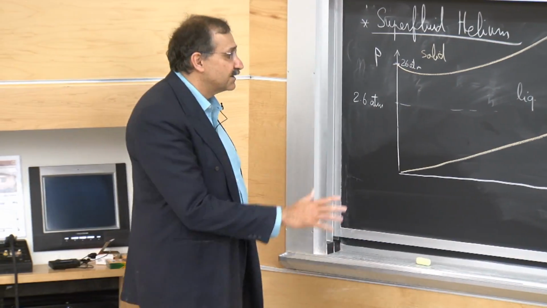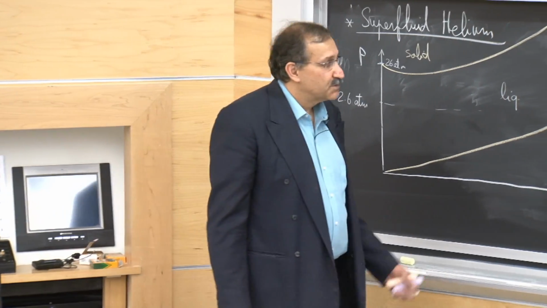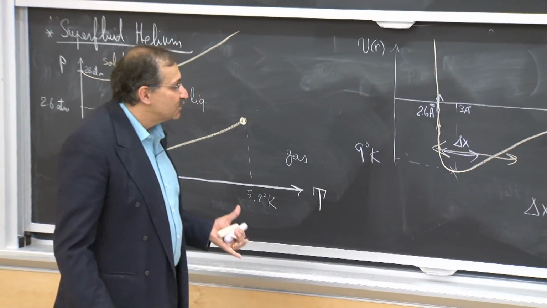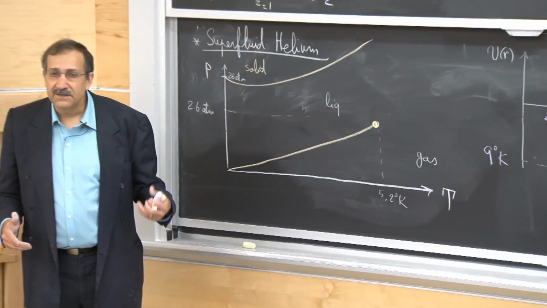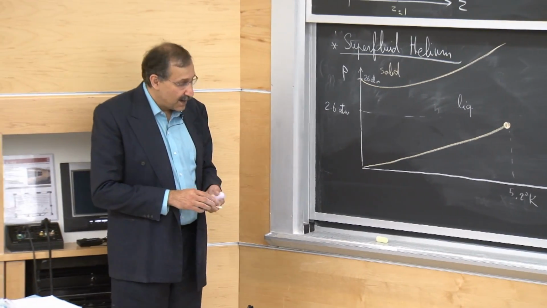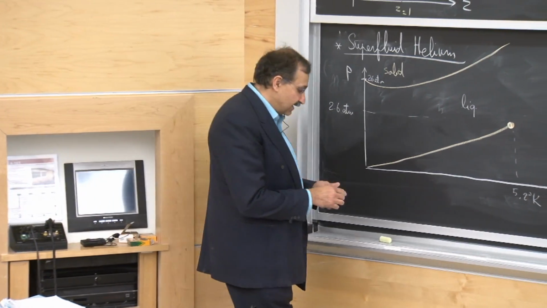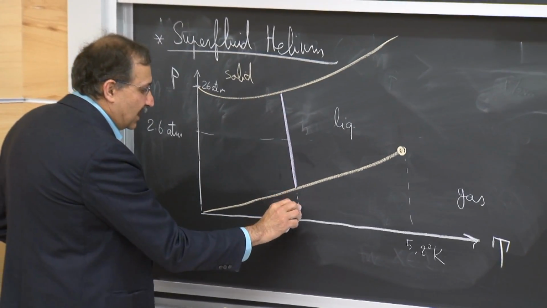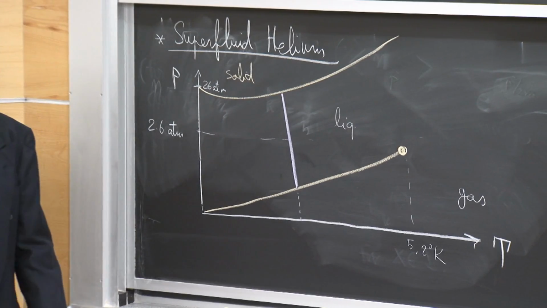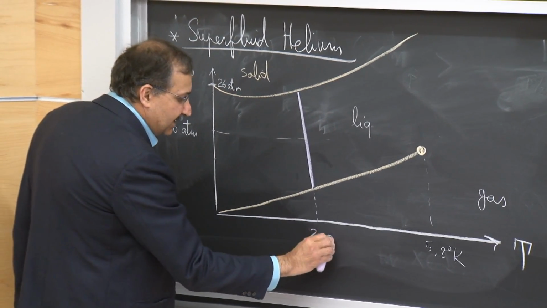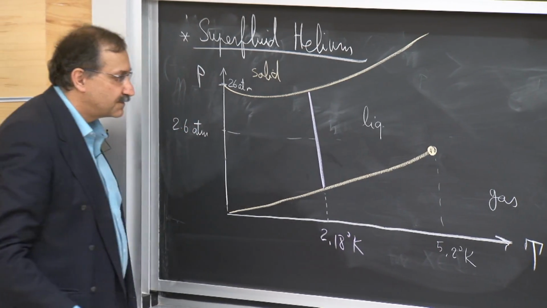There are some subtleties. But the case of the bosons, well, we saw that for bosons there is potentially this kind of phase transition. In reality, what happens is that helium has a transition between two forms of the liquid at a temperature that is of the order of 2.18 degrees Kelvin.